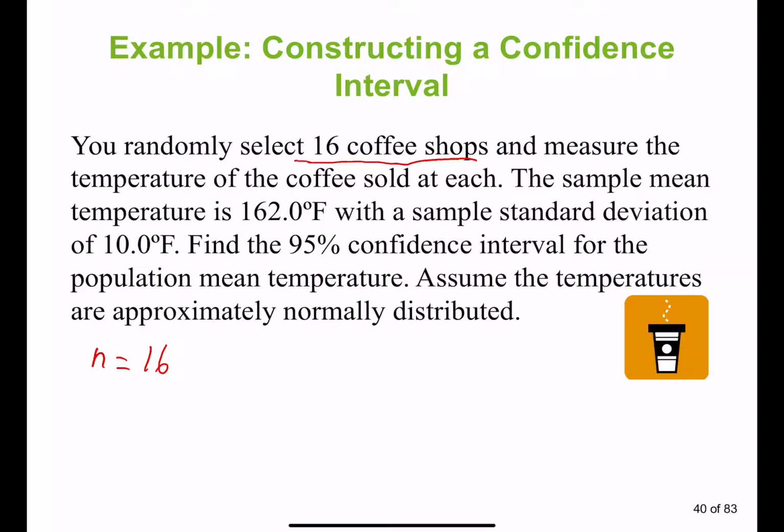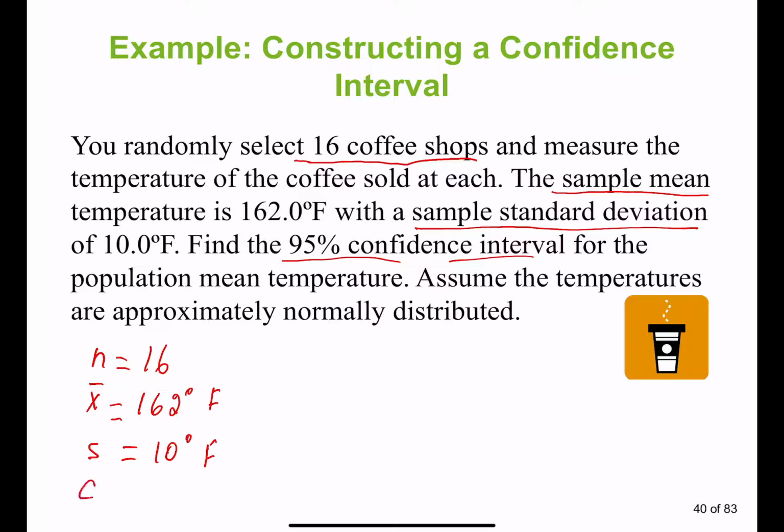The sample mean, keyword sample mean, which is x bar, temperature is 162 degrees Fahrenheit, with sample standard deviation, which is S, equal to 10 degrees Fahrenheit. Find the 95% confidence interval.